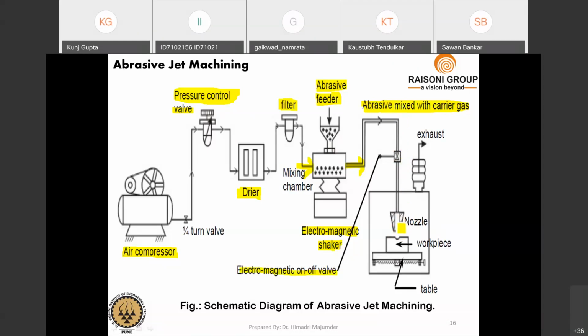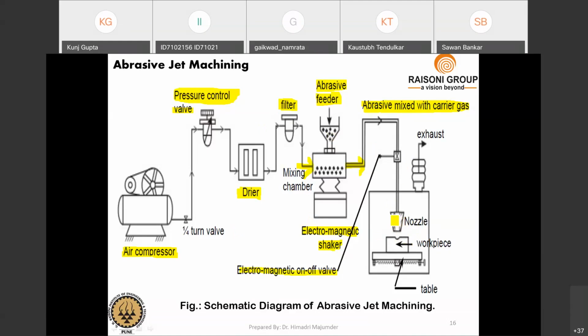There are two functions. First, the nozzle will convert the pressure energy of the carrier gas and abrasive into mechanical energy, and through this nozzle it will come out.